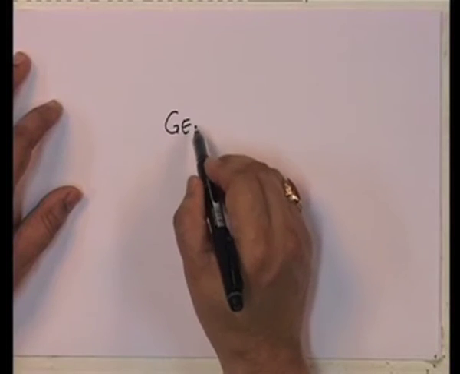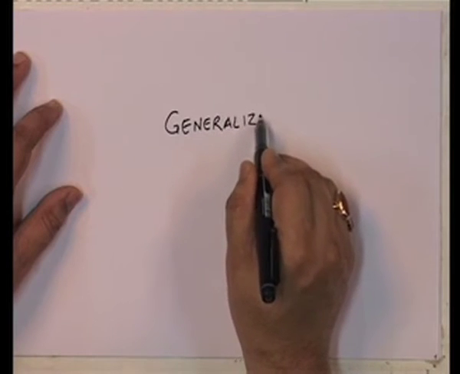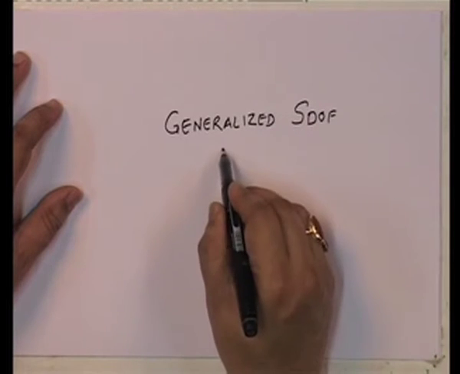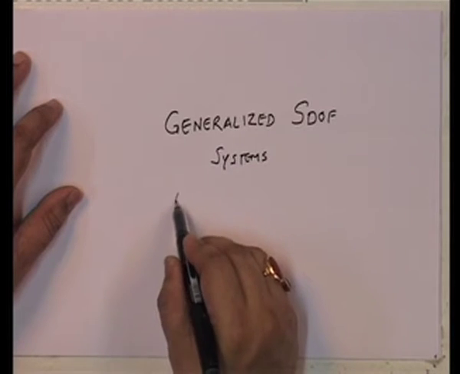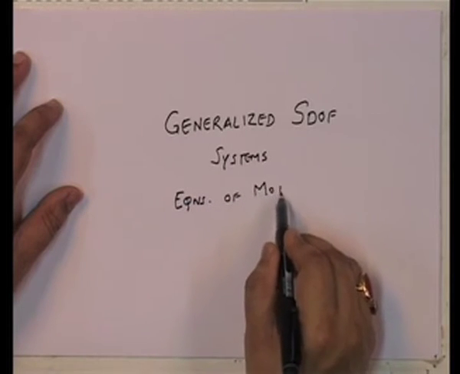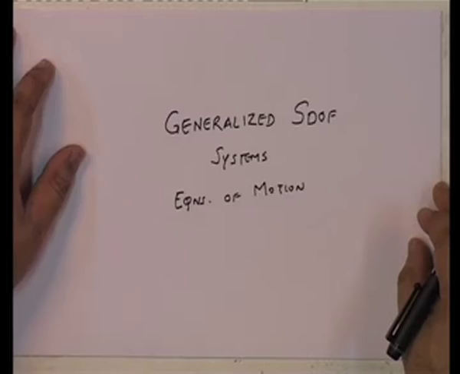Again, hello. Today we are going to be talking about development of equations of motion again, and these will be for generalized single degree of freedom systems, equations of motion.